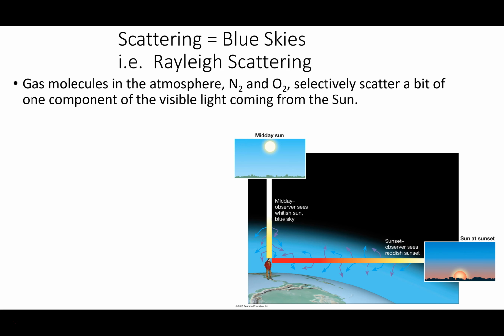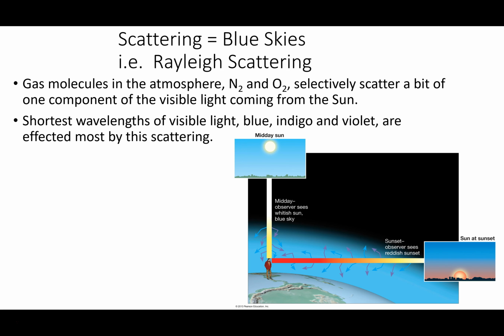But if we go ROYGBIV, this is the longest wavelength, and the symbol for wavelength is this, and this is the shortest wavelength. And due to their wavelengths or their energies, they interact differently with matter. So we actually have these short wavelengths being scattered and these long wavelengths coming through.